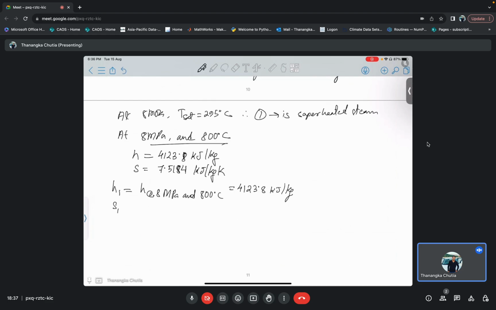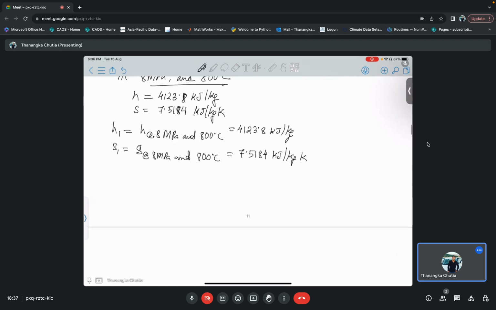And my S1 is S at 8 megapascal and 800 degrees Celsius, that is 7.5184 kilojoule per kg Kelvin. Again S2 will be equal to S1, which is 7.5184 kilojoule per kg Kelvin.